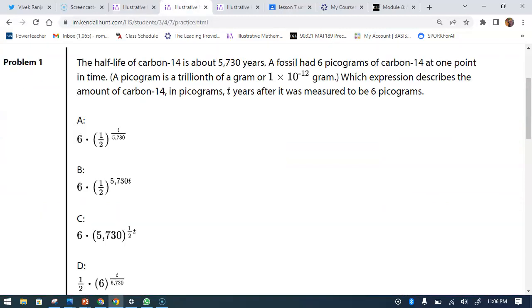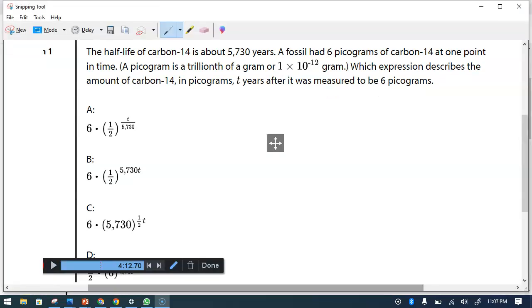Here it is, the first question for the day. The first question, practice problem number 1, says the half-life of carbon 14 is given.